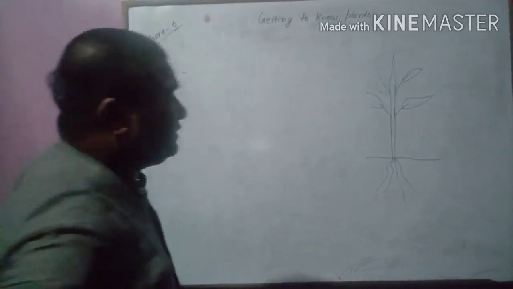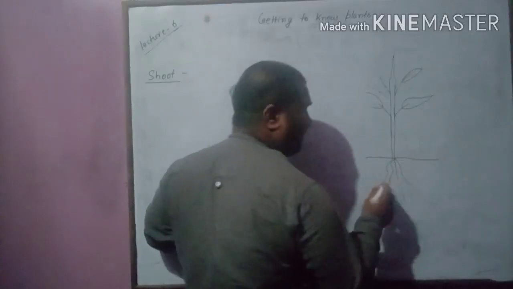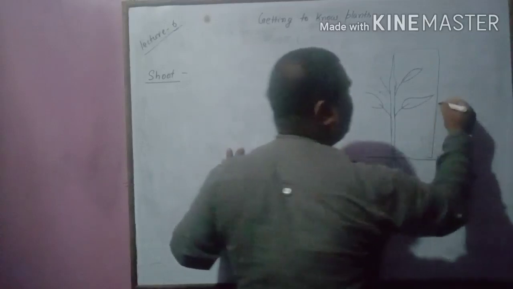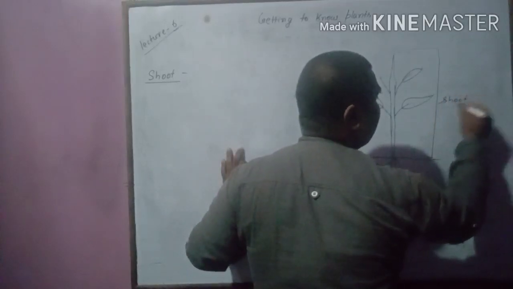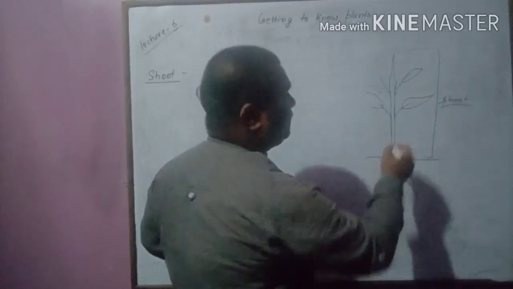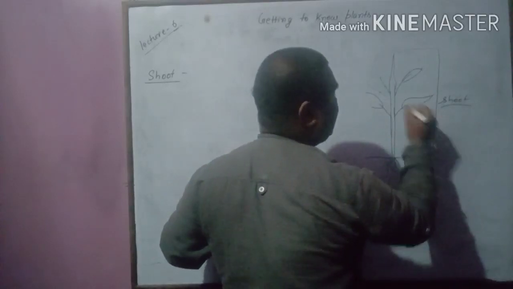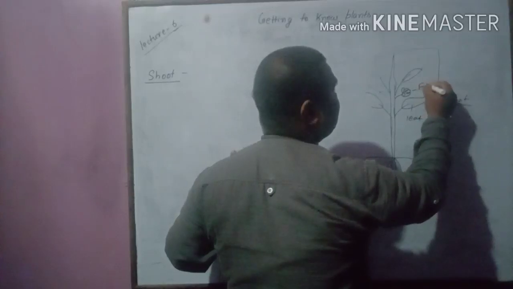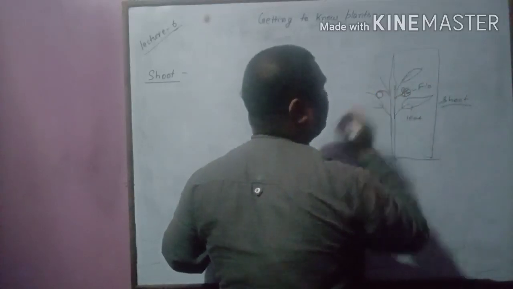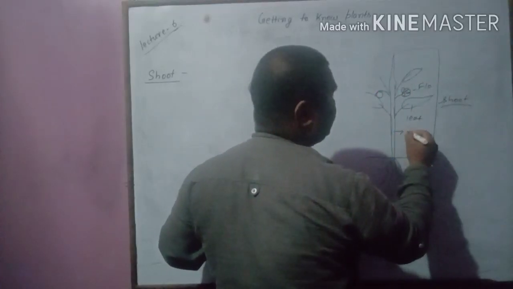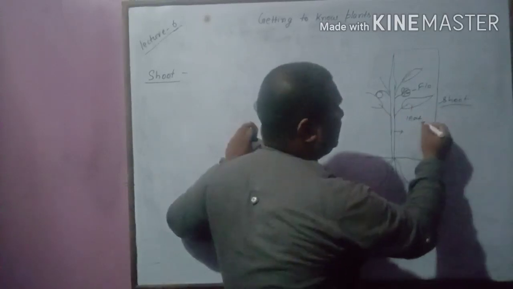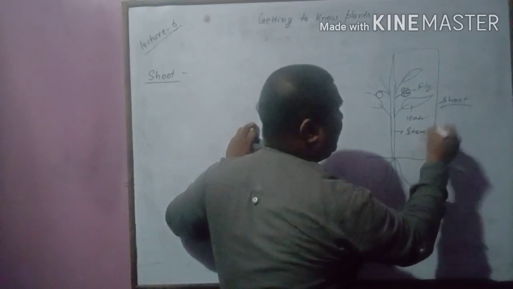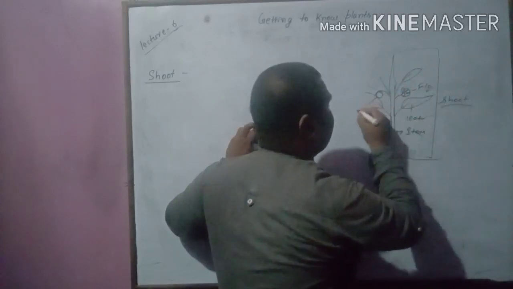If you see a typical plant, this whole part is called shoot, but a shoot includes leaf, it may include flowers, it may include fruits, and stem.